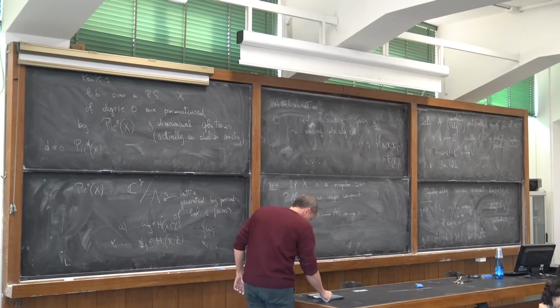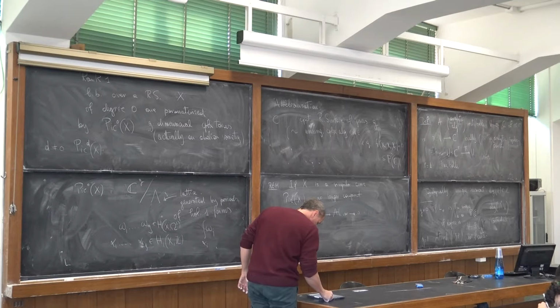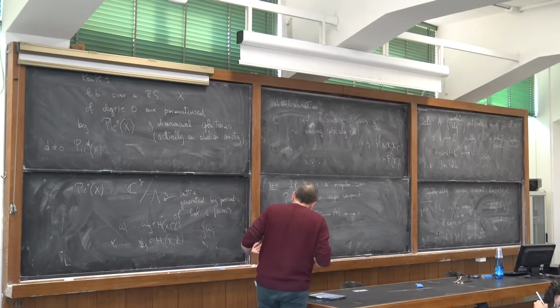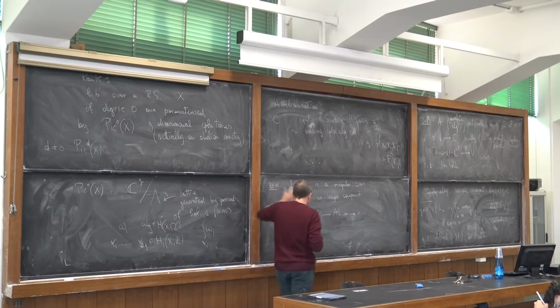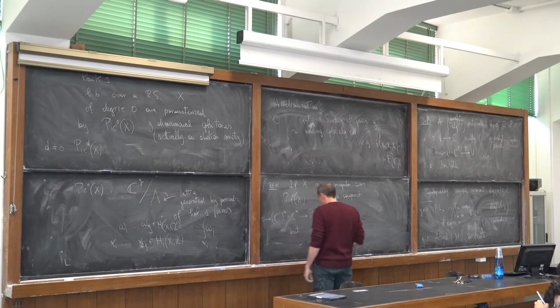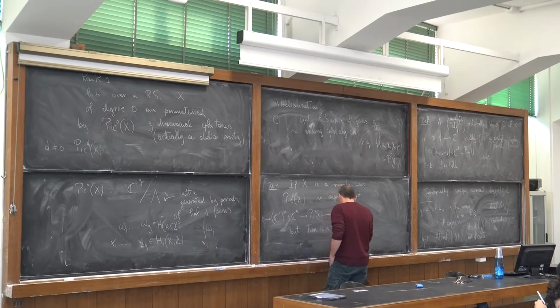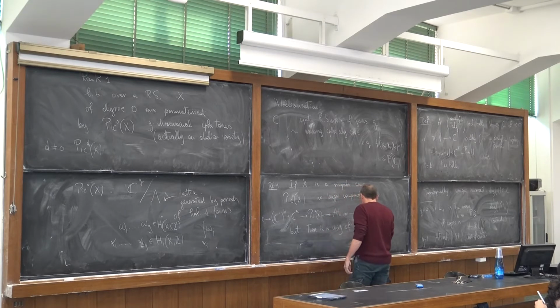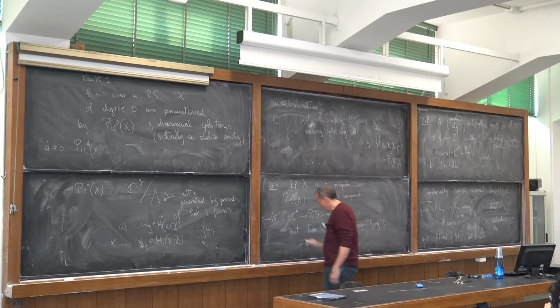And still in this case, even though it's not compact, there is a way of compactifying it. And this is called the compactified Jacobian.